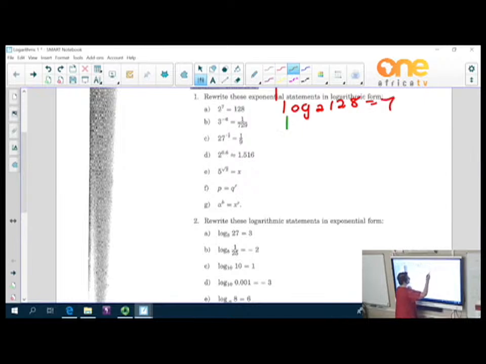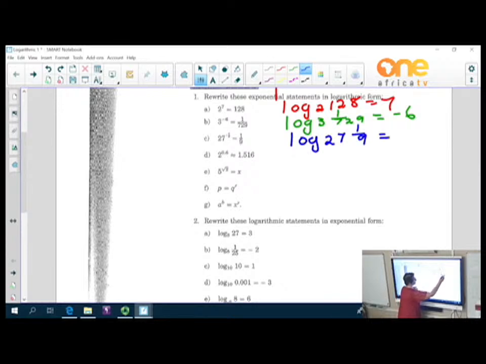The next one, log base 3 of 1 over 729 is equal to negative 6. Log base 27 of 1 over 9 is equal to negative 2/3.